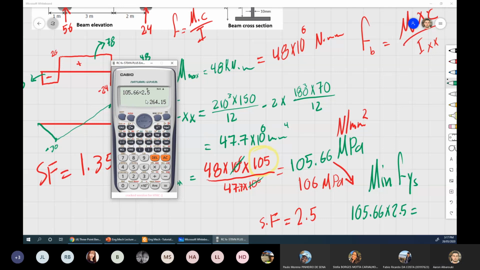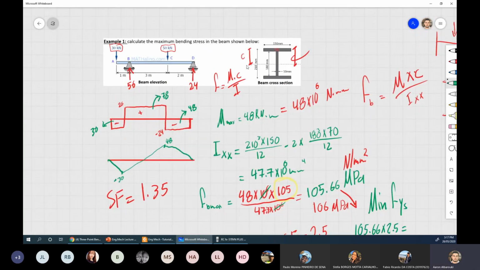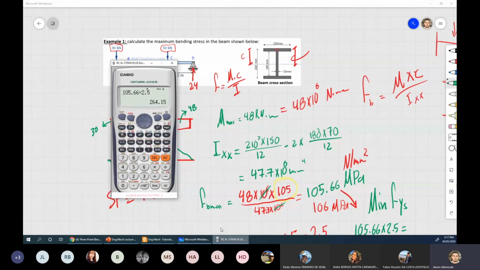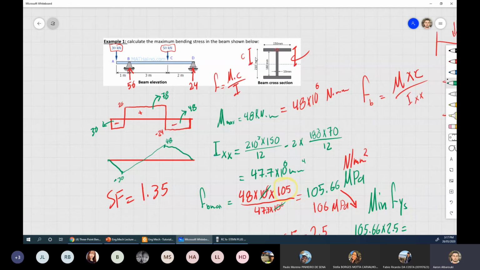Or the other way around, if I tell you this beam here is 250 MPa steel, whatever we calculate there, 265 MPa steel. What maximum moment can this beam carry, for example?